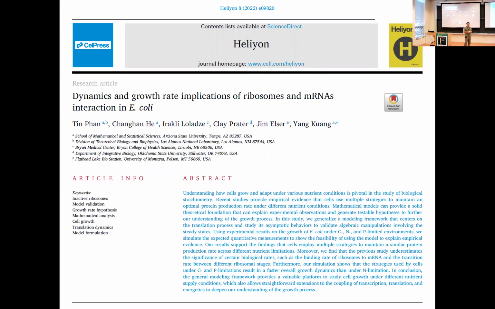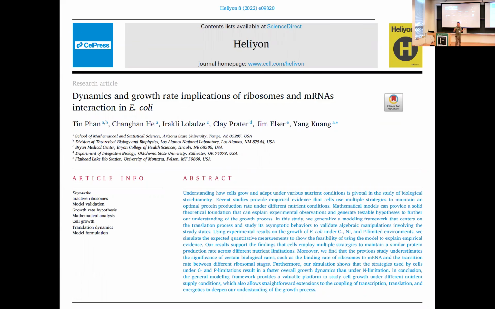It's a paper where, based on our model and our set of Chemostat by a group of people in Princeton, they really try to understand the limitation of a specific element on the growth rate of E. coli. That's the easiest thing to study in terms of cells, because E. coli can divide as fast as 20 minutes.